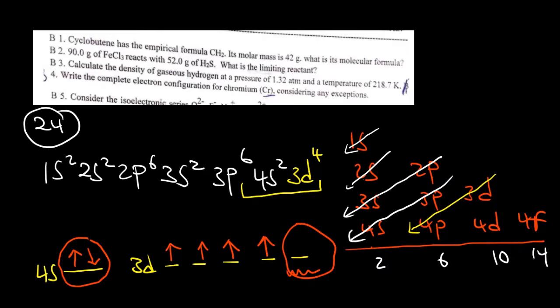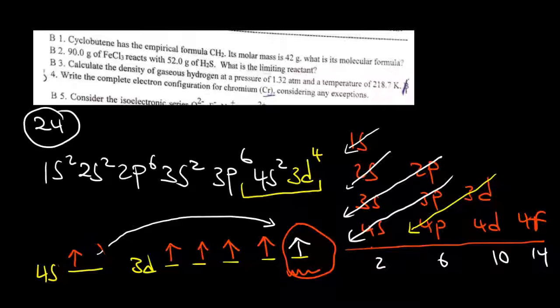One electron will move away from here, go and seek freedom, and come into this subshell. So in the 4s we remain with 1 electron. This configuration, where I have 1 electron in the 4s, is more stable than the first one I drew, where I had 2 electrons in the 4s.